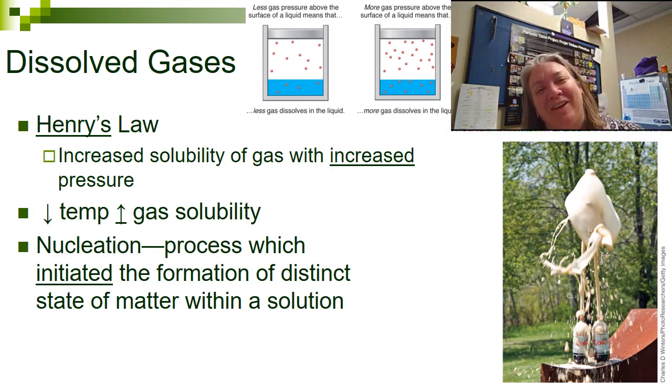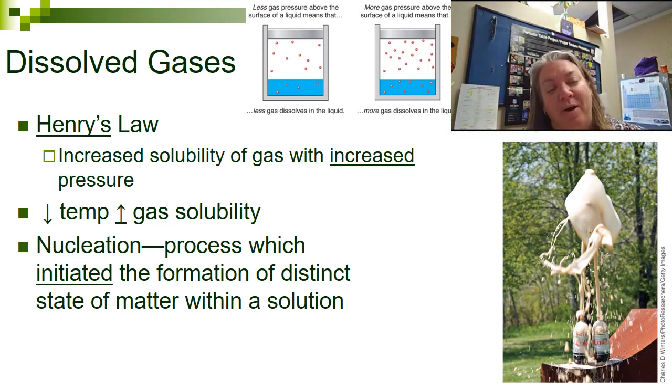The very last thing on here talks about nucleation. Nucleation is a process which initiates the formation of a distinct state of matter within a solution. So probably the most famous example of nucleation is the Diet Coke and Mentos, which is over there on the right-hand side, where you'll open up a bottle of Diet Coke and you drop in Mentos, and then all of a sudden it just spurts out like crazy.